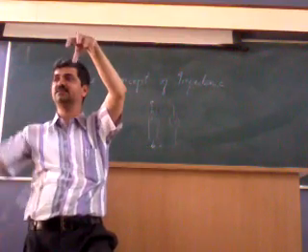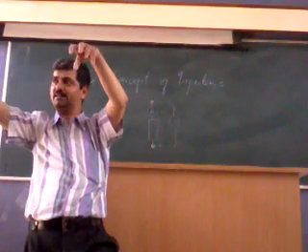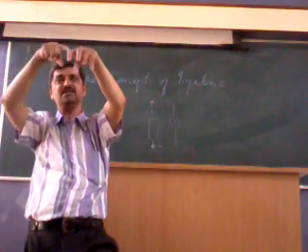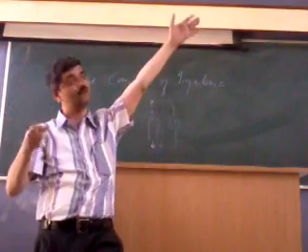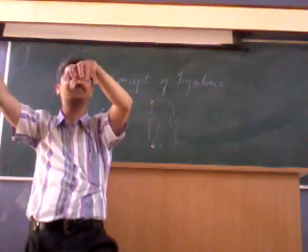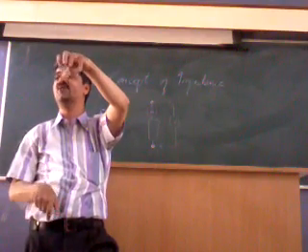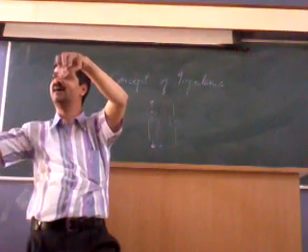Here is the sun, here is the earth. Any star will do. So I am here. Here is the sun. The star may be much further there. But I can't see that in the daytime. I can see it at night time. But at night time, I cannot see it from here.